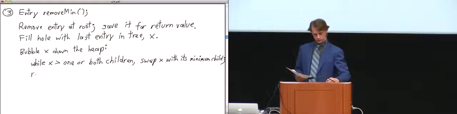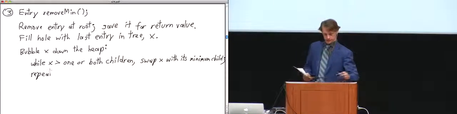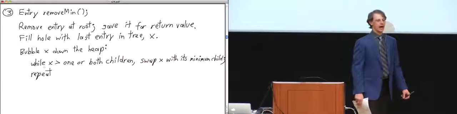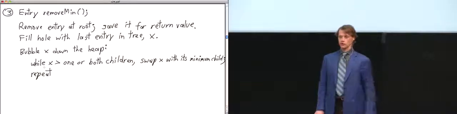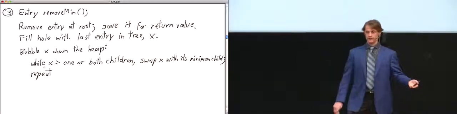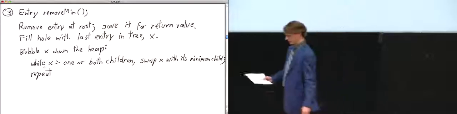And then you keep repeating this until X is less than or equal to all its children, or X reaches a leaf node and can't go down any further.